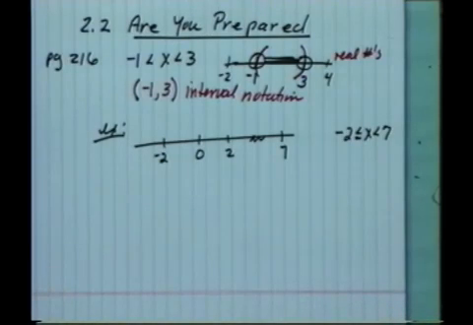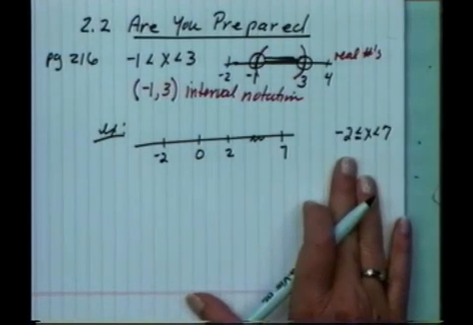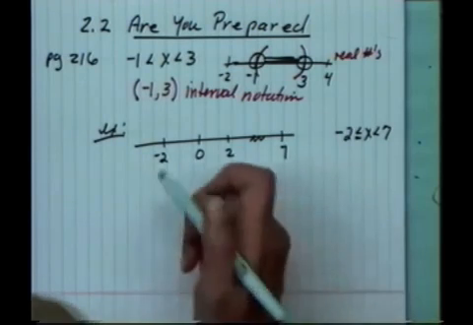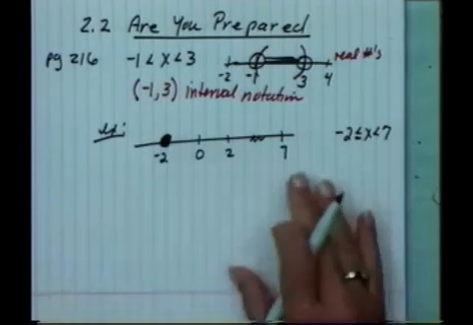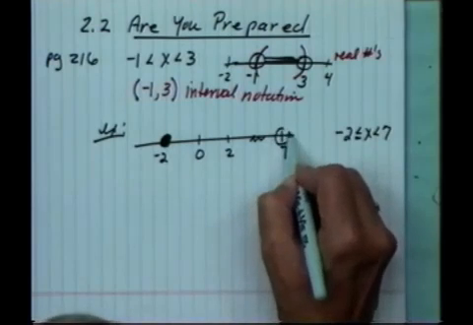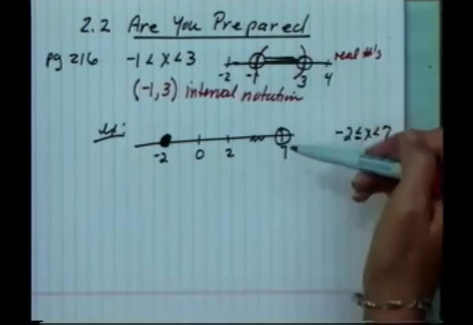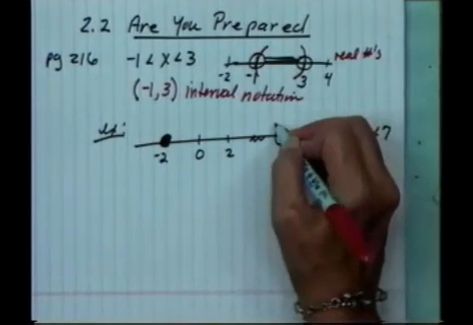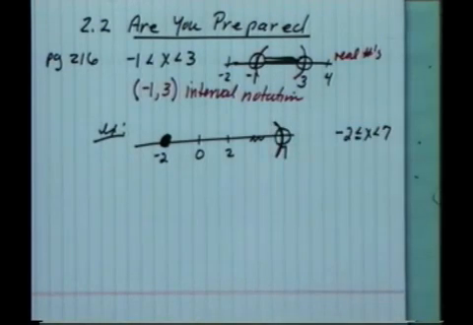How would you graph this solution? Would you put it at negative 2? You put in a closed circle because the negative 2 was included. And what would you put at 7? Open circle. Okay. Now let's go back to the idea we had before. If there was an open circle, sometimes you used a parenthesis instead of an open circle.